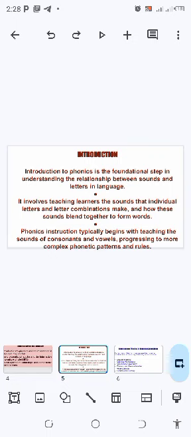Introduction to phonics is the foundation step in understanding the relationship between sounds and letters in language. I think I have said this before. Phonics is the relationship between sounds and letters. We write letters, but letters that are written are codes. They need to be pronounced.